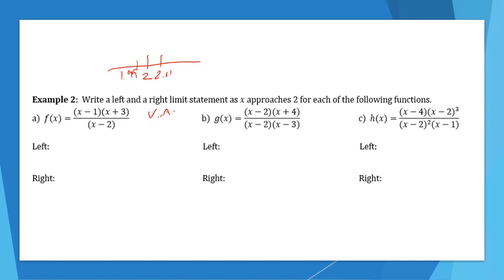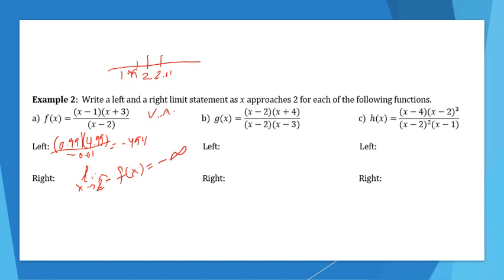Plugging that in, 1.99 and 2.01, on the left-hand side, which is 1.99, you should get 0.99 times 4.99 all over negative 0.01, which is negative 494. So we can say the limit as x approaches 2 from the left-hand side of f of x equals negative infinity.